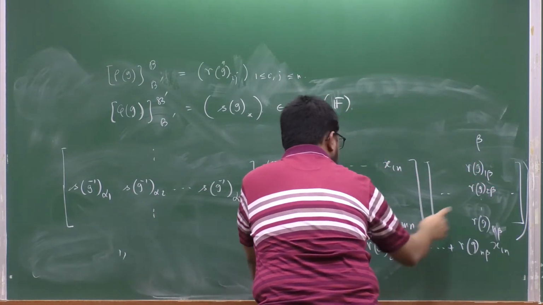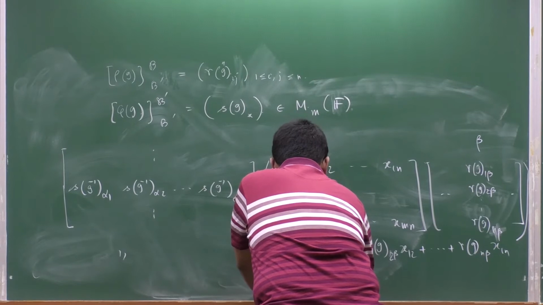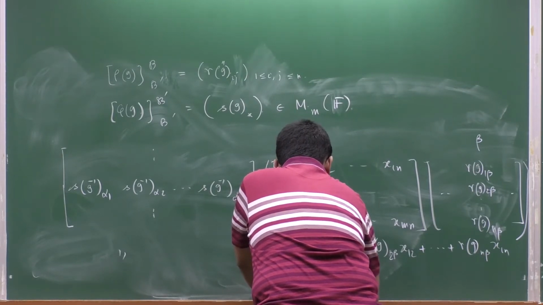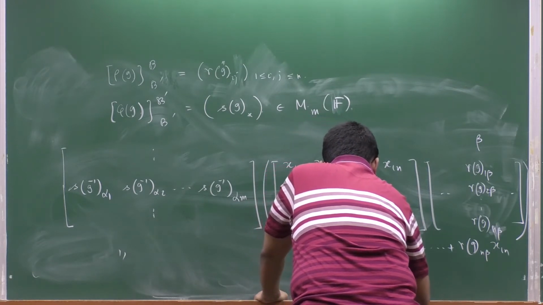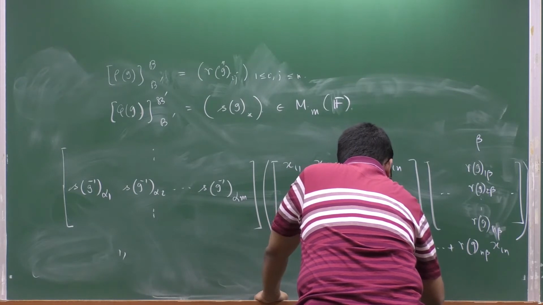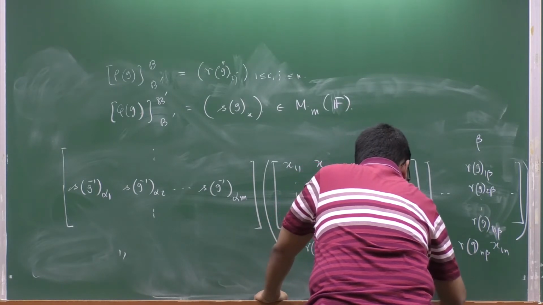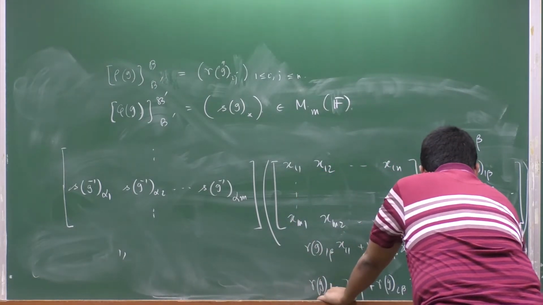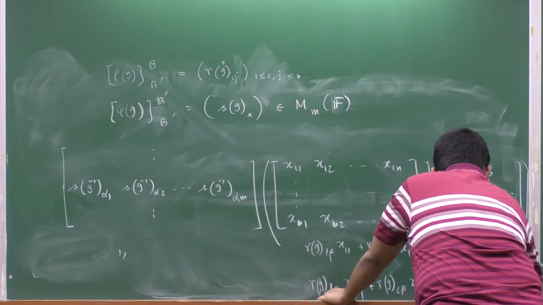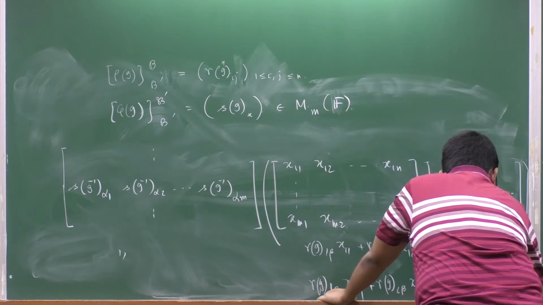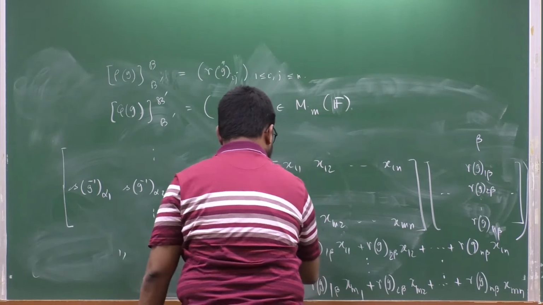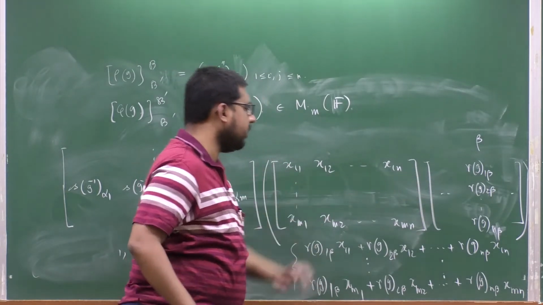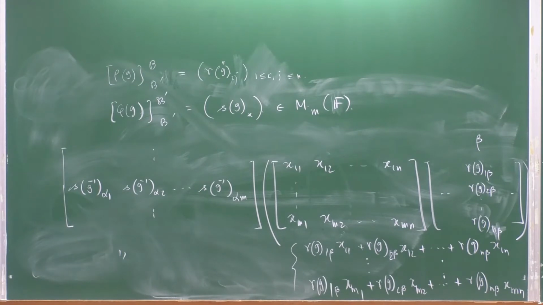Similarly, this one here Rg 1 comma beta xm1, Rg 2 comma beta xm2, so on and so forth, Rg n comma beta xmn. Okay. So this is going to be the jth beta-th column of this matrix.